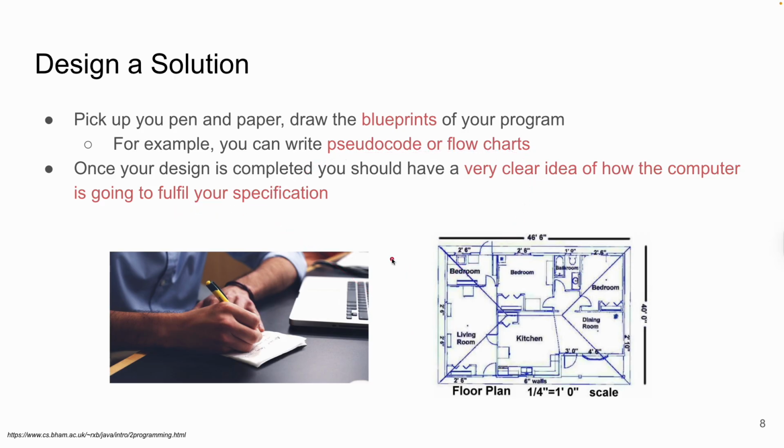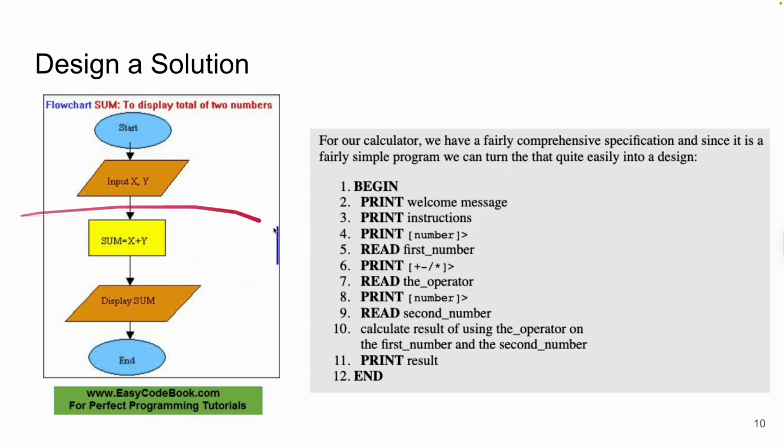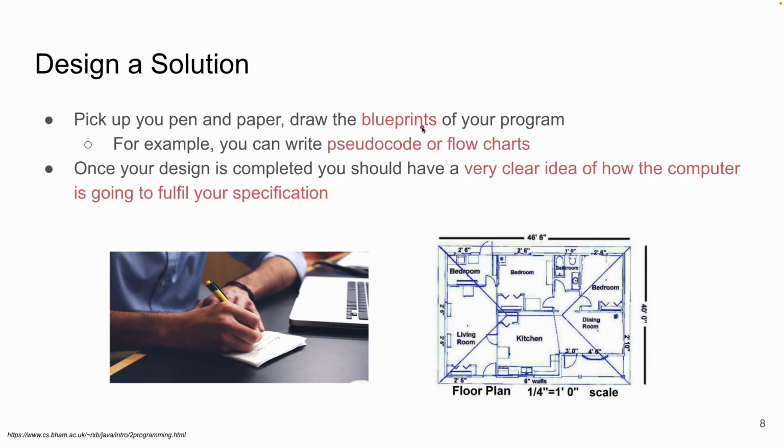For example, you can use pseudocode or a flowchart to draw the blueprint. So you have a clear understanding about all the processes, steps and functions you want to use. And once you complete your design on pen and paper, you should have a very clear idea about how your code is going to fulfill your specifications.